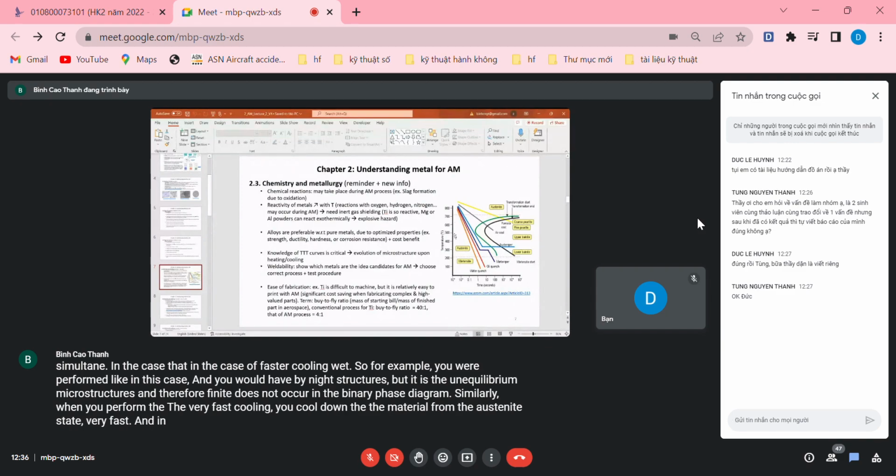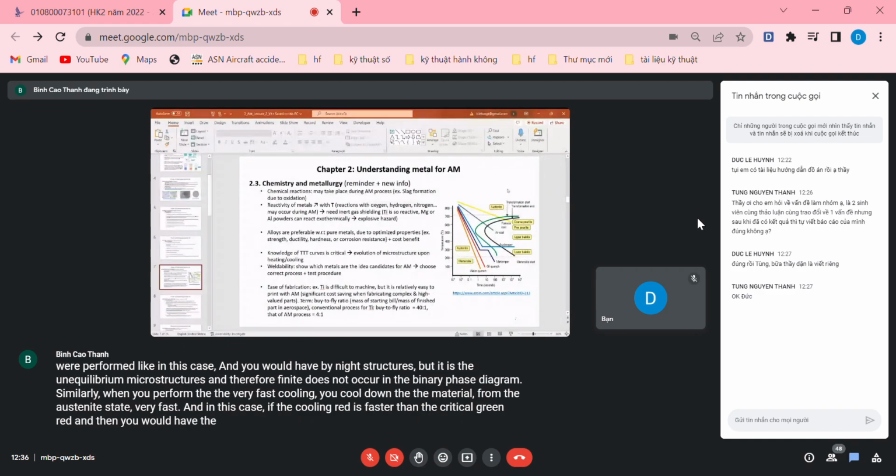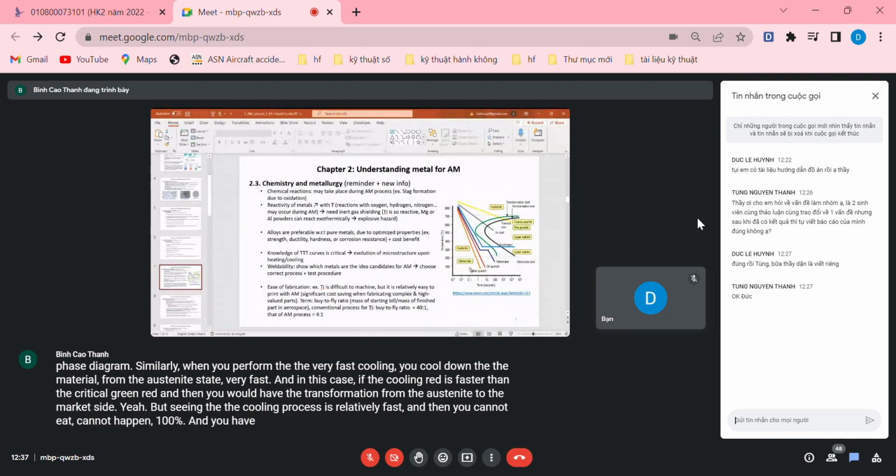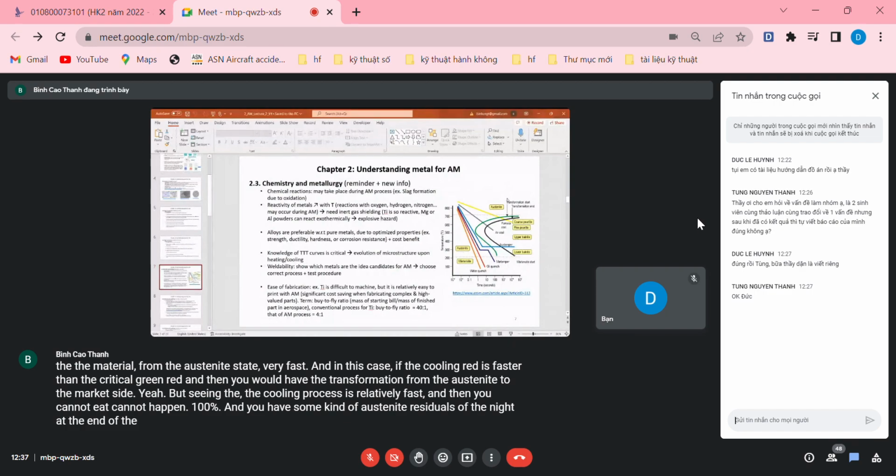In this case, if the cooling rate is faster than the critical cooling rate, then you would have the transformation from the austenite to martensite. But since the cooling process is relatively fast, it cannot happen 100%, and you have some residual austenite at the end of the transformation process.